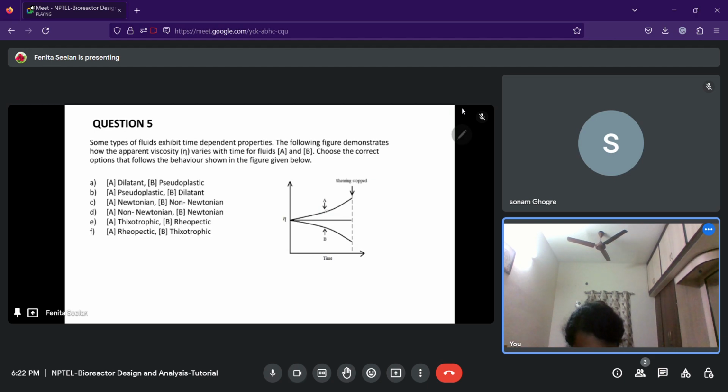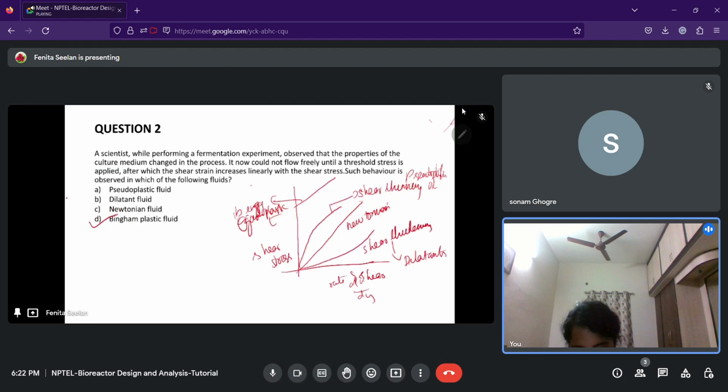Choose the correct option given below. So you know what dilatant, pseudoplastic, Newtonian, non-Newtonian, thixotropic, rheopectic, etc. are, right? Let me go back to the same picture here.